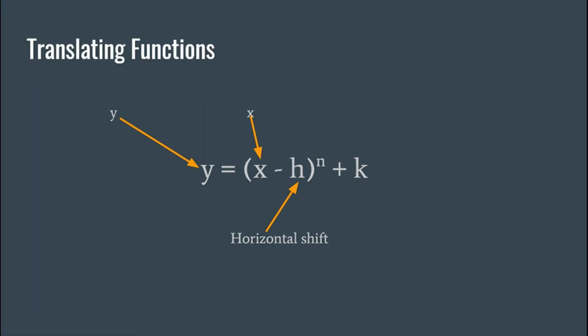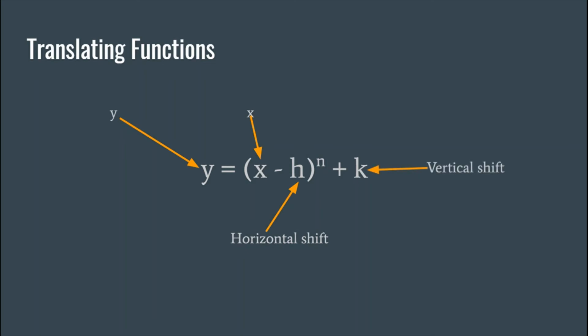Notice that the form is x minus h, which means if you see x minus a number, h is positive. So if h is positive, the graph will move to the right. But if you see x plus a number, that means h is negative. If h is negative, the graph moves to the left. That's the most confusing part about this form.